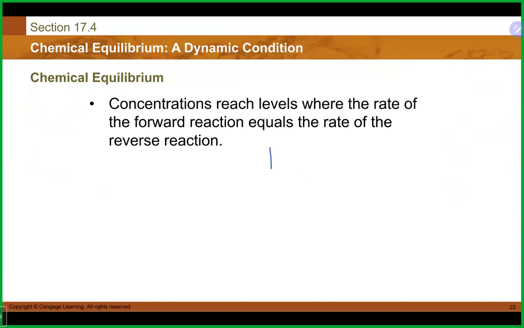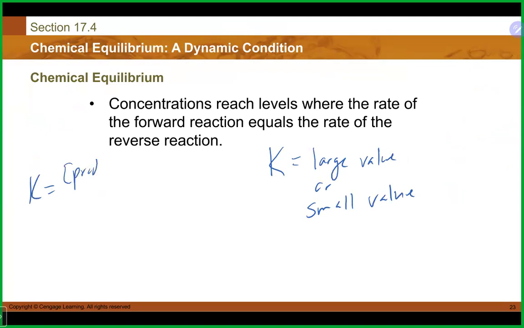When we look at the equilibrium constant, if we have a really large value or a small value, it tells us a couple of things. So if we just think about our equilibrium constant, which is basically our products divided by our reactants, obviously using the exponents from the balanced equation.